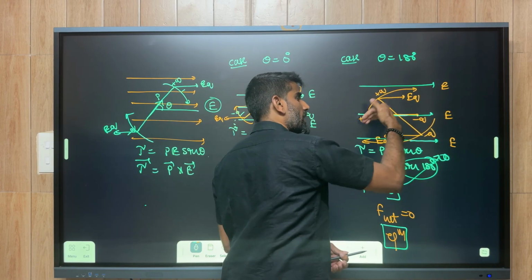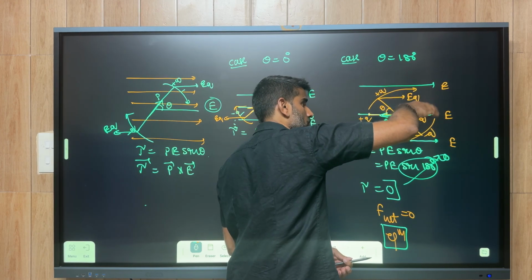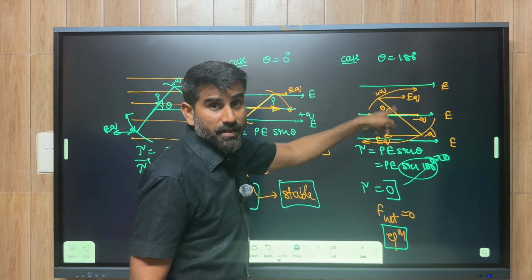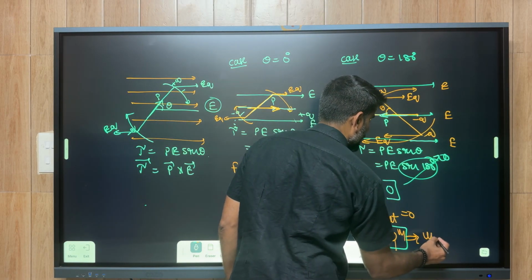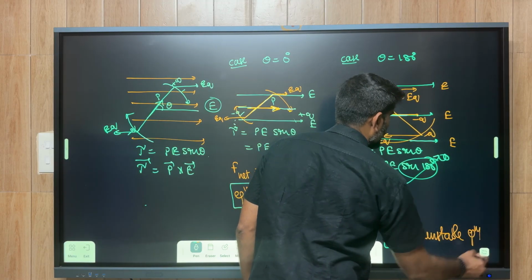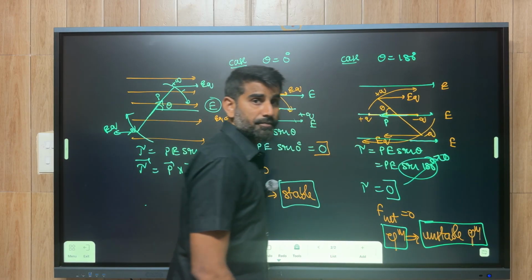That means it will not come back; rather, it will continue its rotational motion. That means this is unstable equilibrium. Hope my explanation is clear, right?